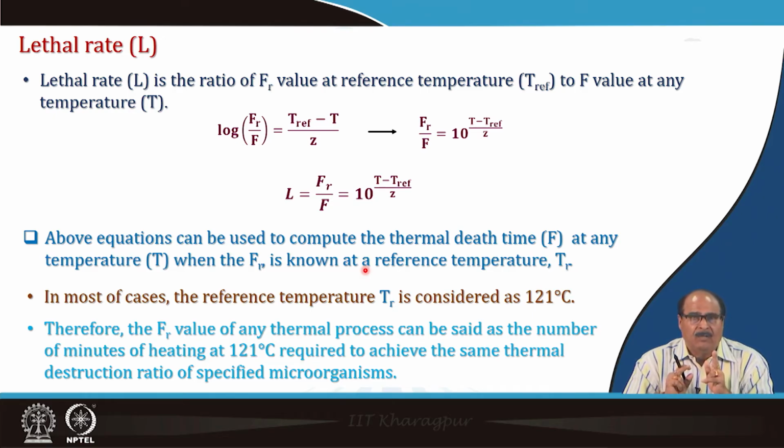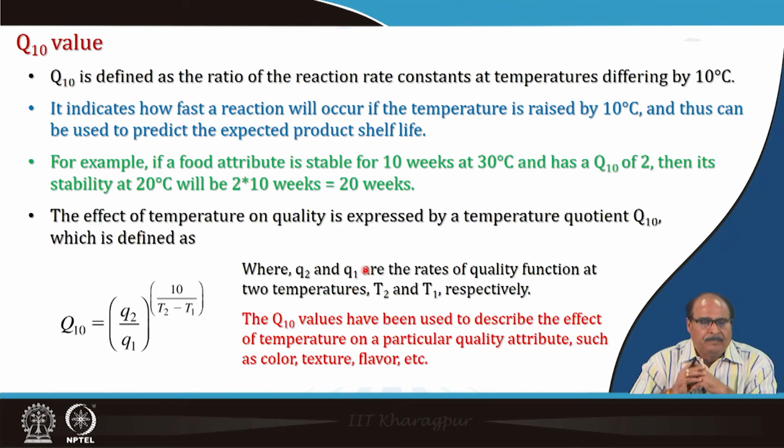Therefore, the FR value of any thermal process can be said to be the number of minutes of heating at 121 degrees Celsius required to achieve the same thermal destruction ratio of a specified microorganism.